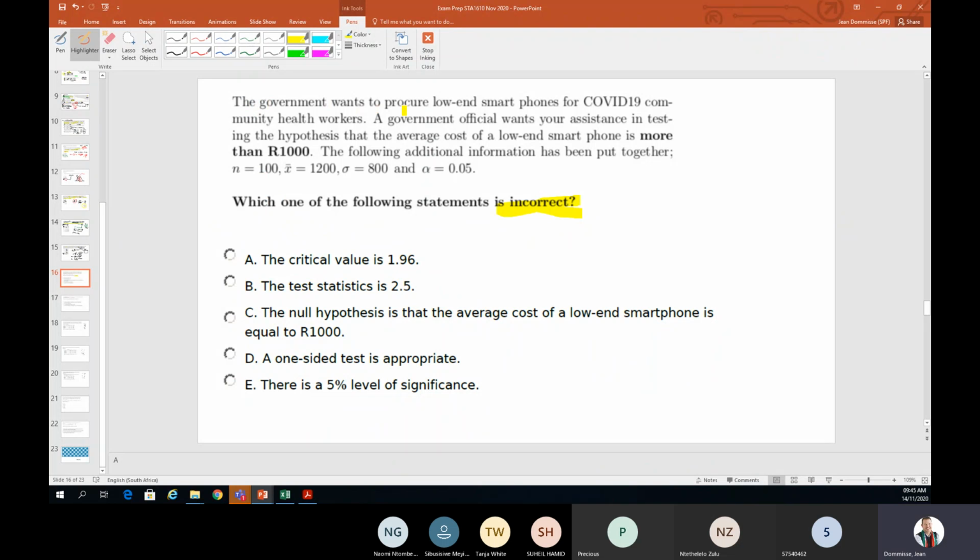The government wants to procure low-end smartphones for COVID community health workers. A government official wants your assistance in testing the hypothesis that the average cost of a low-end smartphone is more than that. The following additional information has been put together. So N is that. Okay, more than. More than is a one tail.